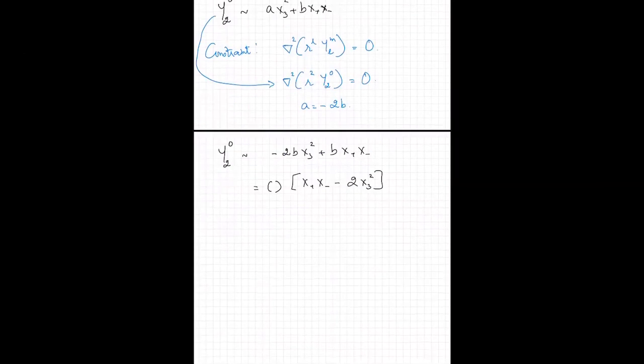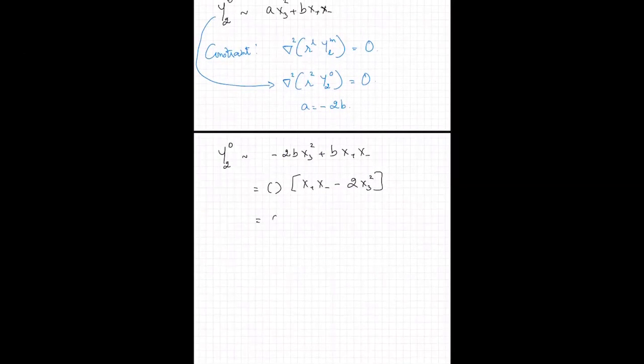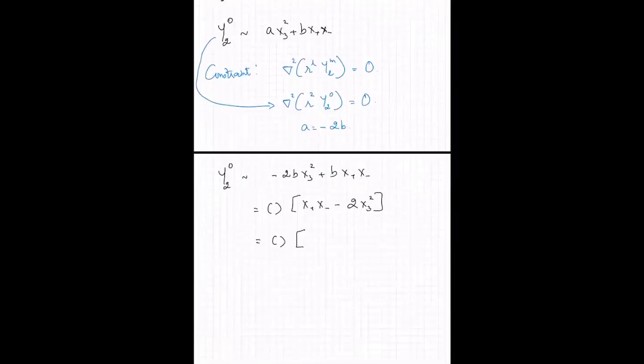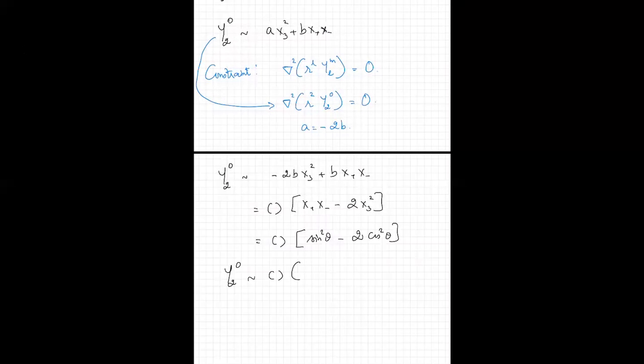Okay. So this is some normalization times x plus x minus, which is sine theta e to the I phi times sine theta e to the minus I phi. So this will be sine square theta. And this is minus 2 cosine square theta. So you can prove that y20 goes like something times 3 cosine square theta minus 1.